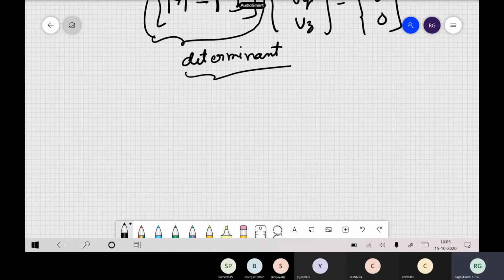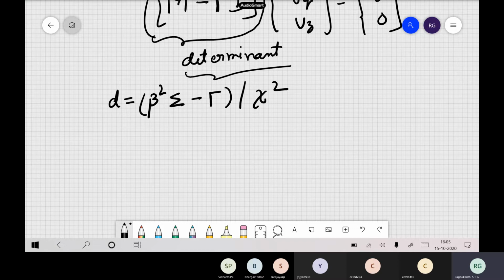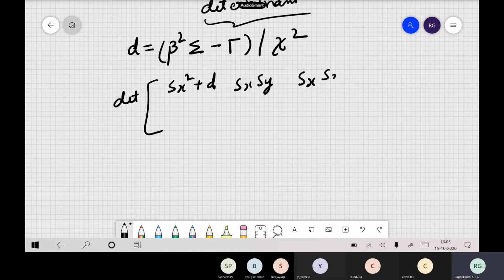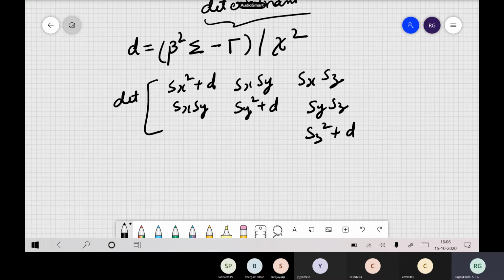Now, if you denote some other quantity d, defined as beta square sigma minus, because there are so many terms, you can write the matrix as: sx square plus d, sx sy, sx sz, and it is a symmetric matrix, then sy sz, sz square plus d, and so on. So the determinant of this matrix has to be 0.